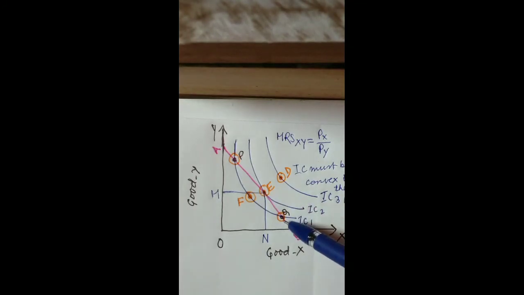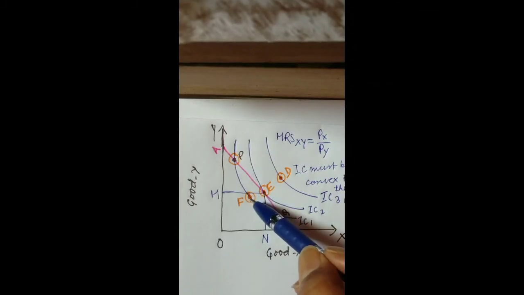P, F and Q, these three combinations are within the reach of the budget of the consumer, but the consumer does not want to buy these because they are situated on a lower indifference curve, giving him lesser satisfaction. And at the same time, at point F, the consumer is not able to spend his total income.